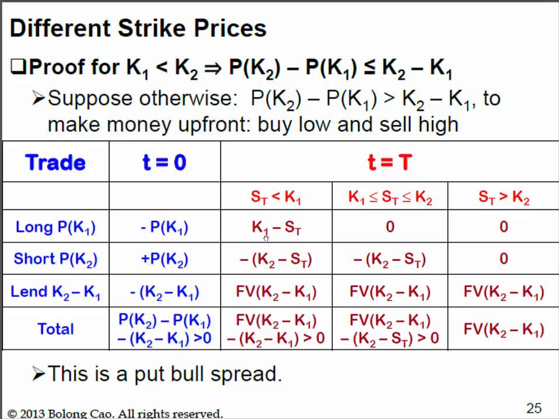And then from our lending of the difference between the two strikes, what do we have? We have the future value of that difference. Again, that at least should be just the difference itself, and can be higher if you have a positive interest rate. So the total payoff when the underlying expires in between the two strikes is the future value of the difference in the strikes minus how far the underlying fell below the high strike.